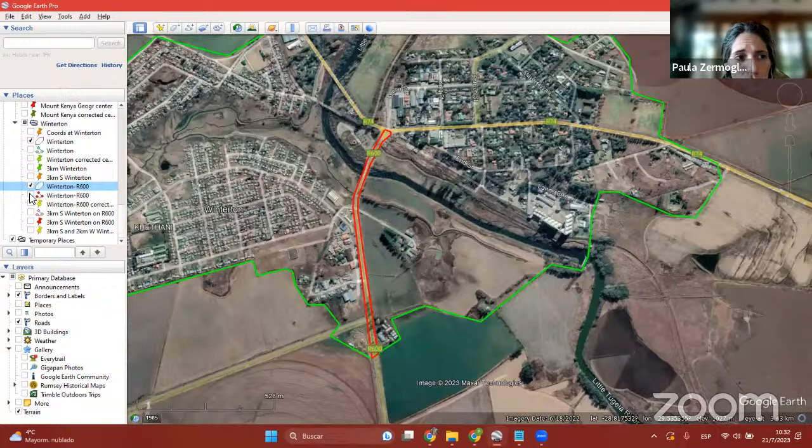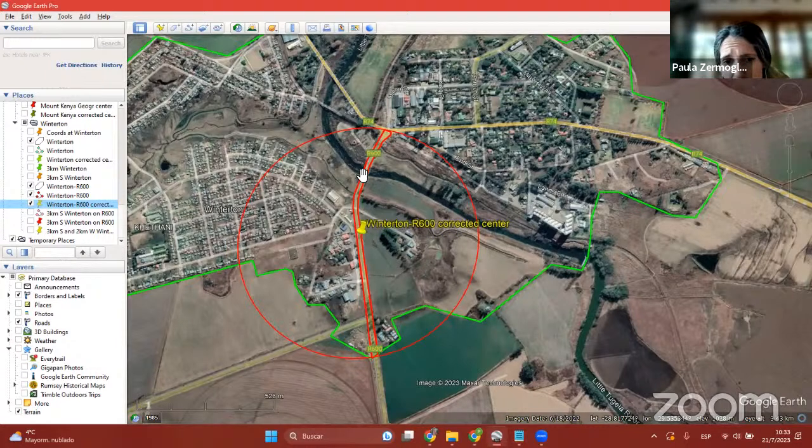And so what we're going to do is draw a circle around it, just as we do with any other feature, and find the corrected center of that feature, that red feature here. And so when we draw the circle, we get the radial and we get the corrected center, just as we did before with the town, but with this new polygon, with this new feature.